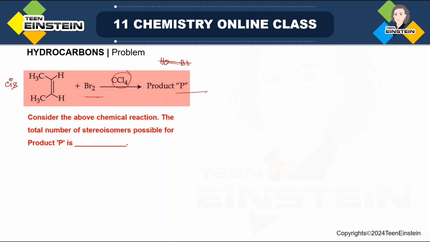Now it is asking for the total number of stereoisomers possible for product B. Remember, in the last class we have seen in detail, starting from Z-alkene and E-alkene, or you can say cis-alkene and trans-alkene, this reaction undergoes anti-addition because it goes through a cyclic halonium ion or bromonium ion.